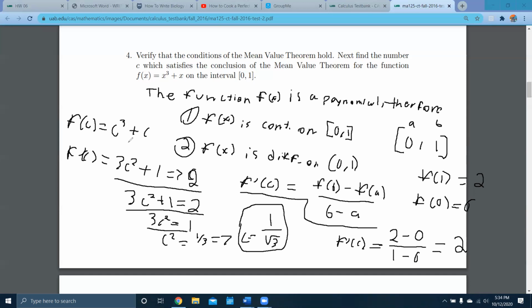So I took the derivative of that and got 3c squared plus 1. Then I set it equal to 2 and I solved for c. And that gives us the value of c that satisfies the conclusion of the mean value theorem, which is stated here. The function f of x is a polynomial, therefore f of x is continuous on [0, 1], and f of x is differentiable on (0, 1). And that's how you do that.